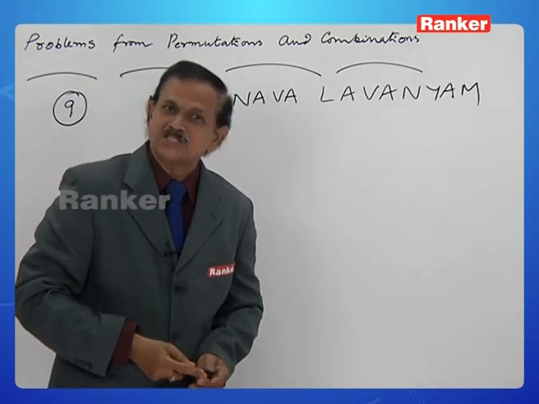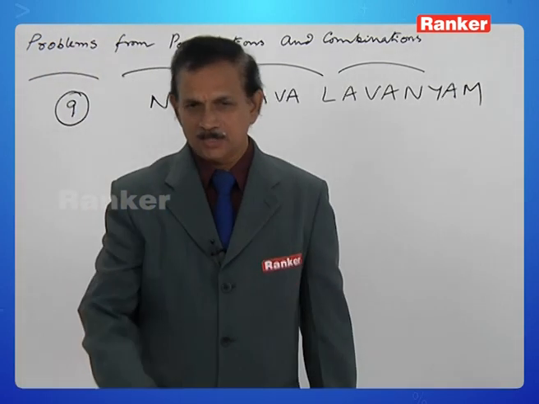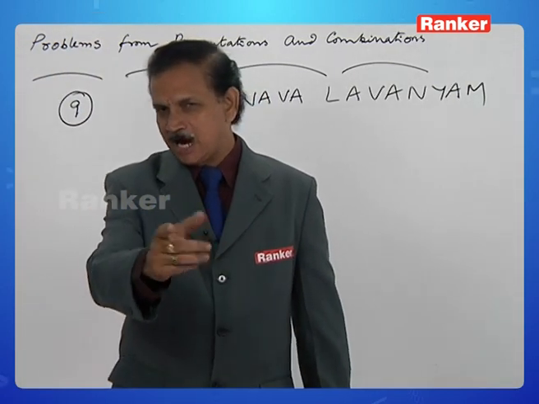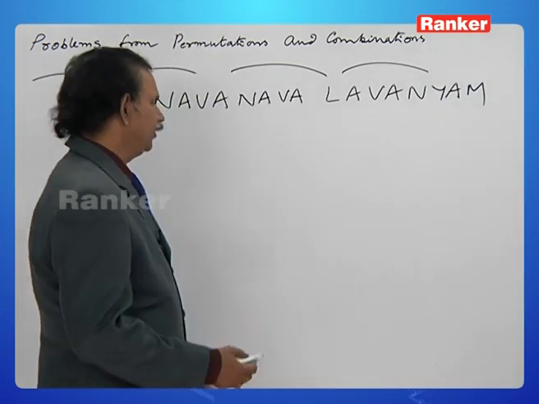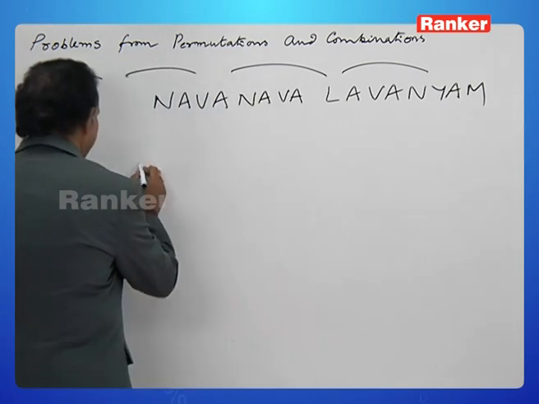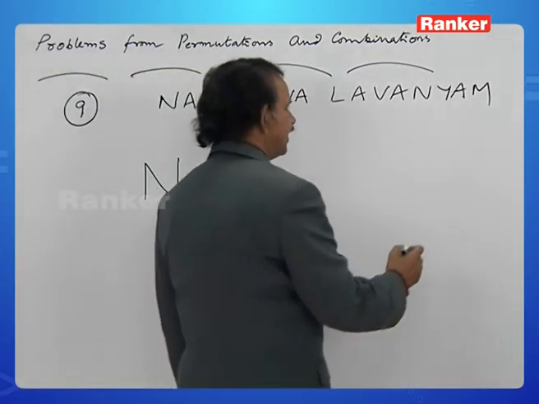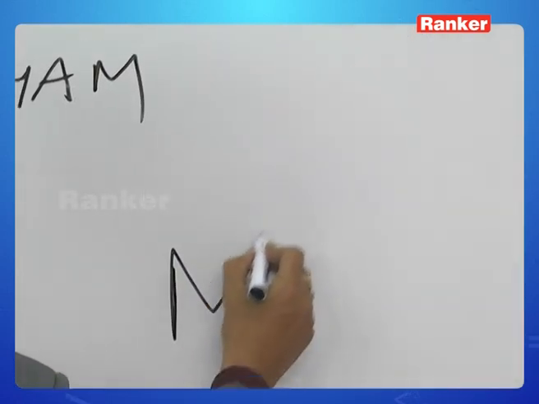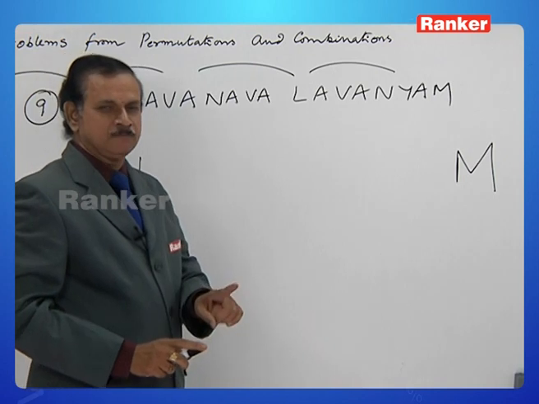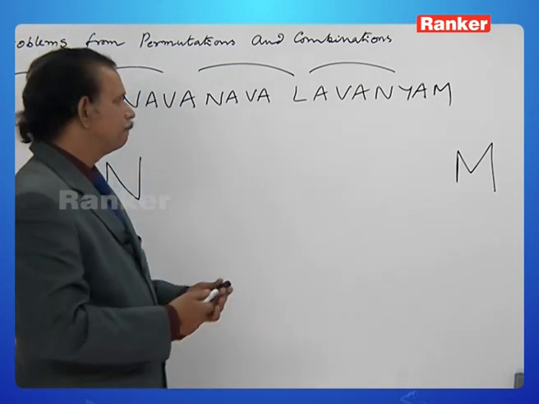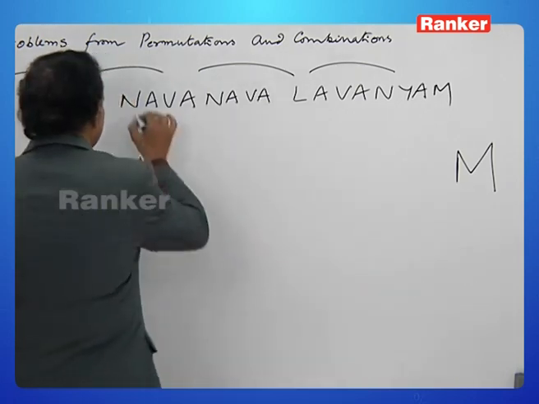What is the condition put forth on the arrangements? They begin with N and end with M. So, start with N and end with M. Therefore, forget about one N and one M.